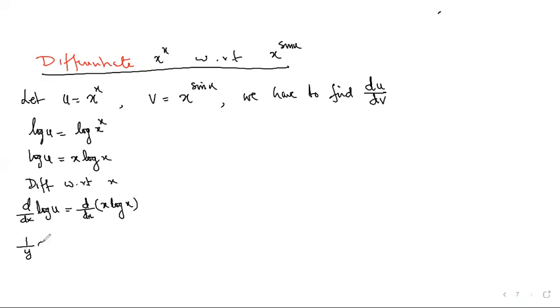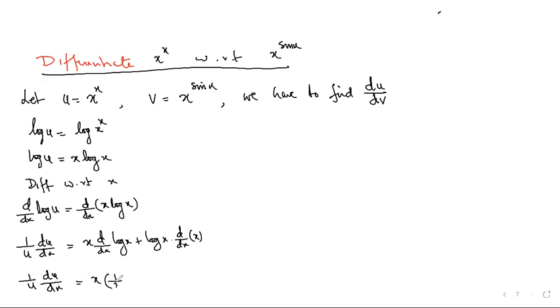So 1 by u du by dx is x into derivative of log x plus log x into derivative of x. 1 by u du by dx is x into 1 by x. Probably you know this answer by heart.